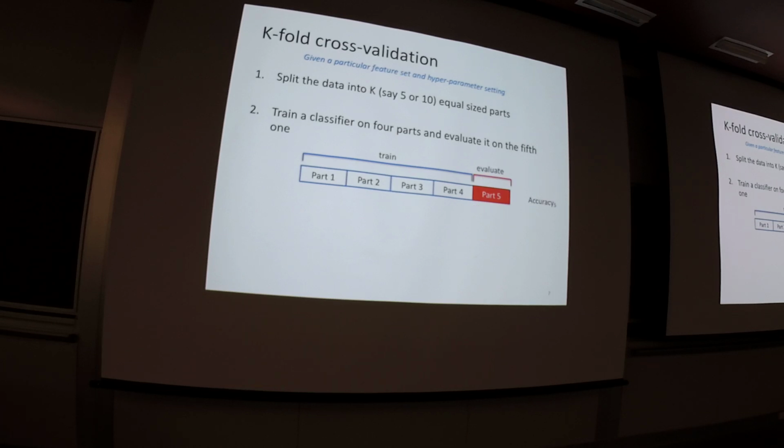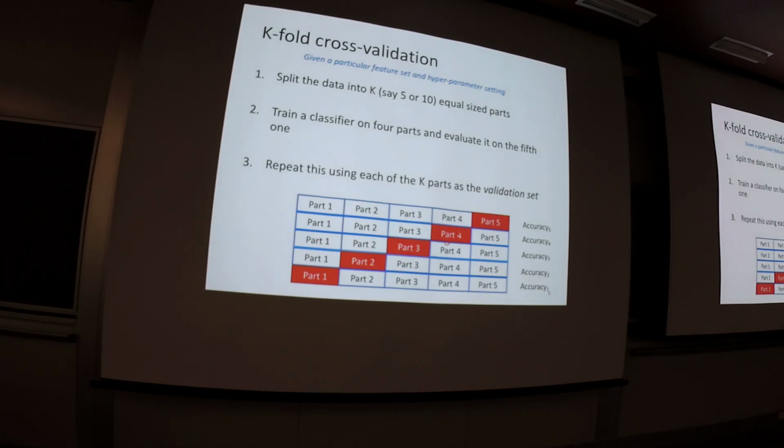Similarly, I choose the fourth partition as the test set, and the remaining partitions as the training set. Then I get the second accuracy, and go on until we enumerate all the partitions. Each partition serves as the test set, and the remaining partitions are used for training with a specific hyperparameter value.